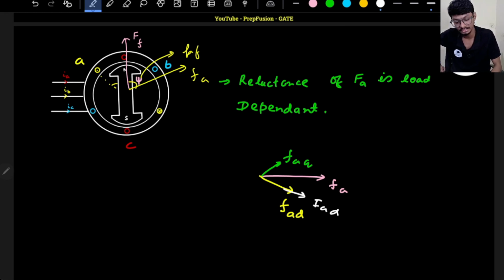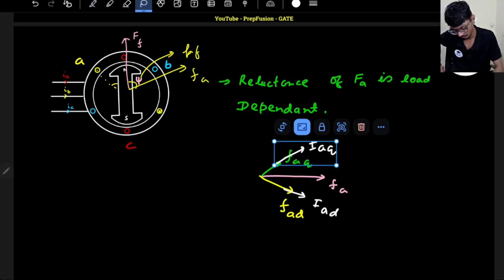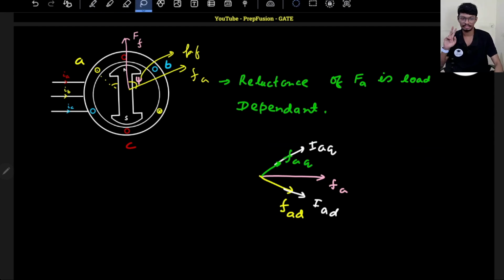This will be IAD, that is the direct axis current, and this will be IAQ. Same thing, because MMF will also have current. I hope you have understood that.